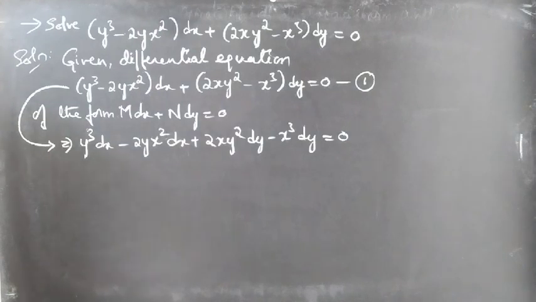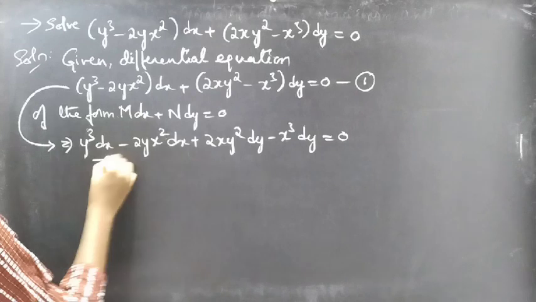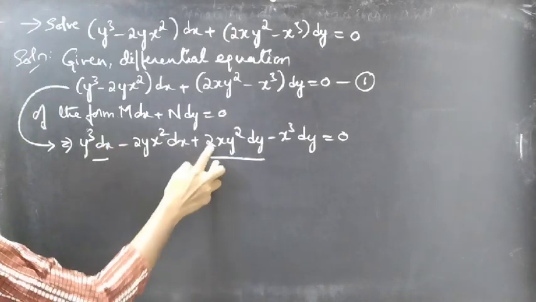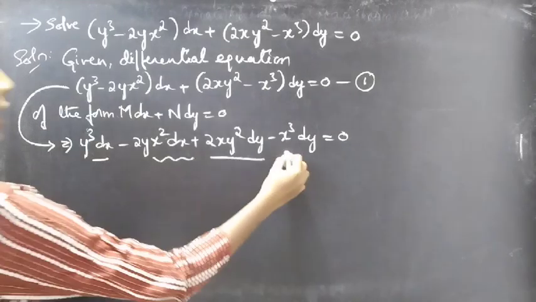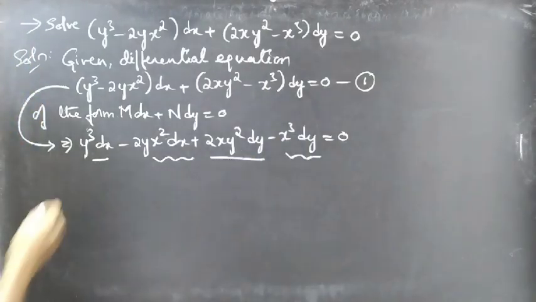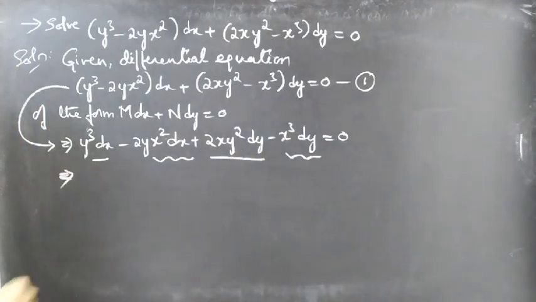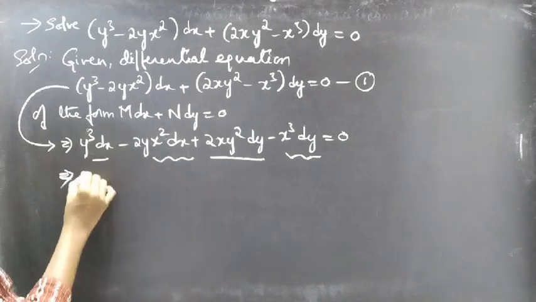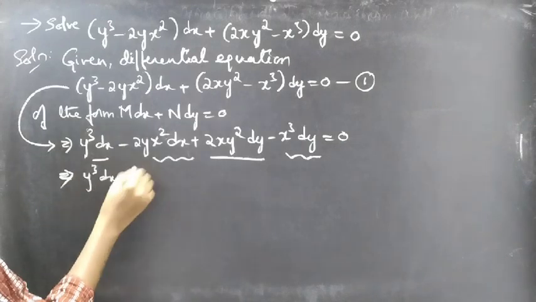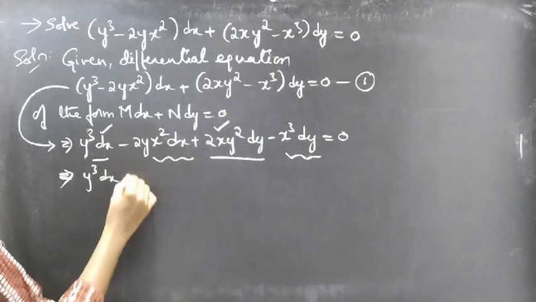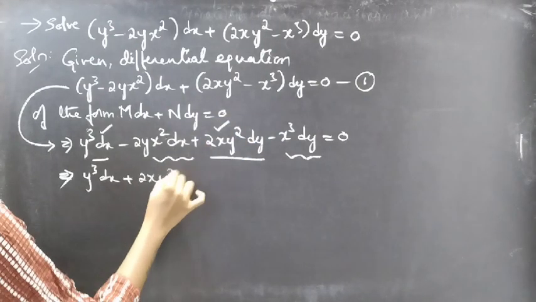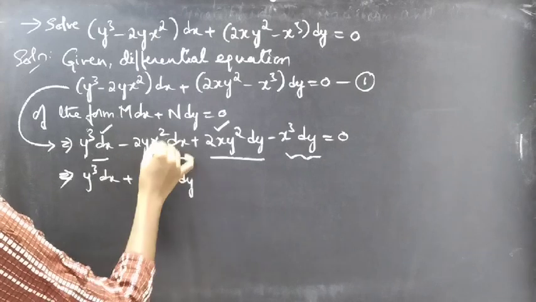Now take y square common from these two terms and x square common from these two terms. You'll get, just write first term, third term firstly. Now the remaining terms.